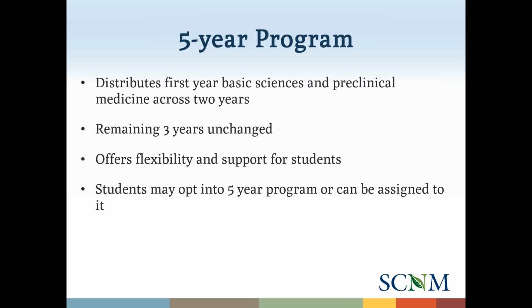So through our 5-year program, we take the first year of the basic sciences and the preclinical experience and distribute it over 2 years. So that really allows students to take the time that they need to focus on those basic science classes, which can be quite rigorous. So the rest of the 3 years are unchanged. And again, this option really offers flexibility and support for students.